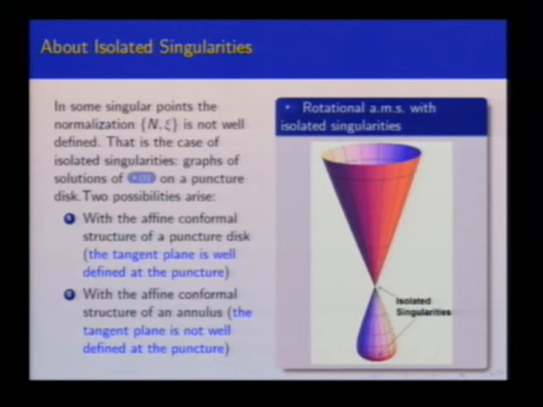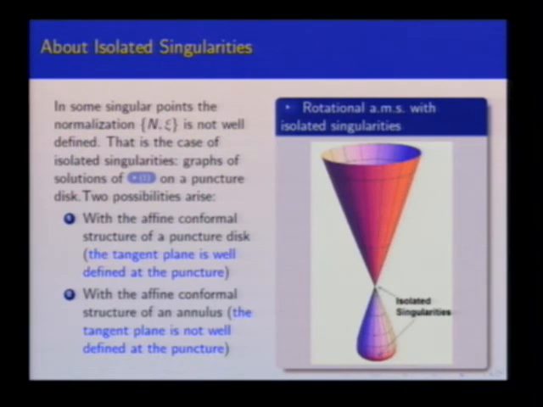In that case, the surface always is a graph of a punctured disk, so the function is always a solution of the affine maximal equation, the equation of fourth order I talked about before. And the situation is completely different in this case and in this other case. In this case, the normal is not well defined.